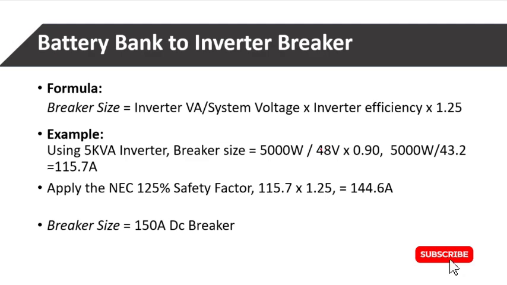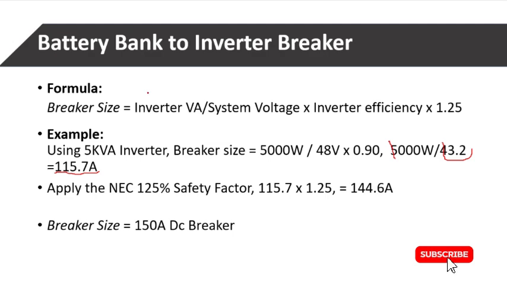You multiply the system voltage by the inverter efficiency of 0.9, and it gives you 43.2. Then we divide the inverter power, 5000 watts, by 43.2, and it gives you 115.7 amps.